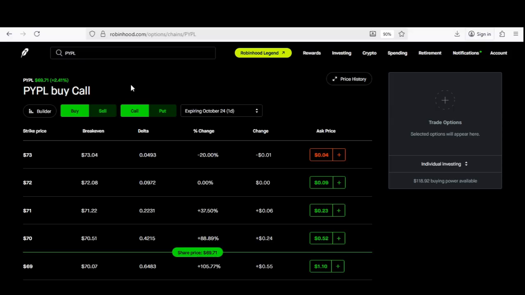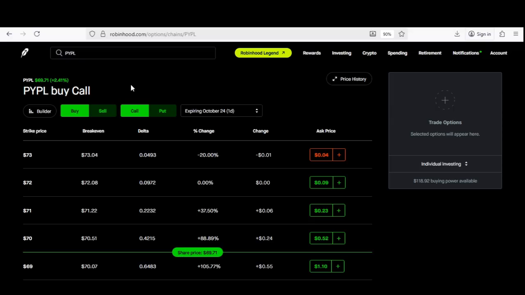So to break it down in the simplest form, you buy $20 of PayPal every single week on the same day. It doesn't matter if the share price is up or down. What that does is it allows you to build a position in that particular stock, and it gives you an average price, which is going to be the median between the highest price and the lowest price for that certain point in time. Now, full disclosure, I have begun to open a position on PayPal and I am using the DCA method.